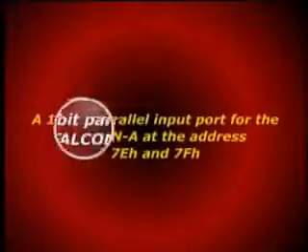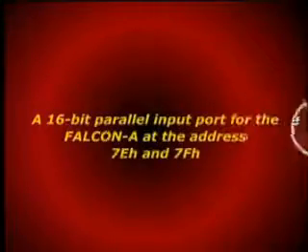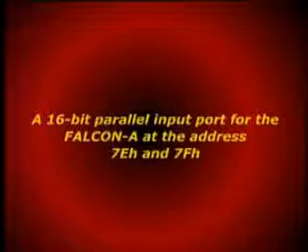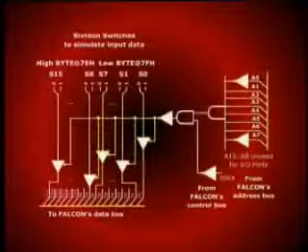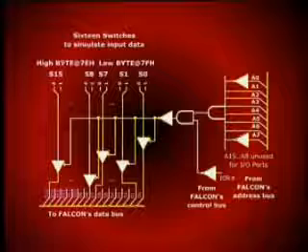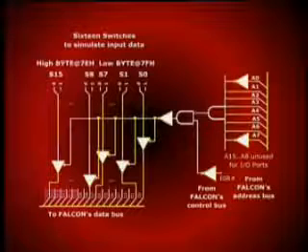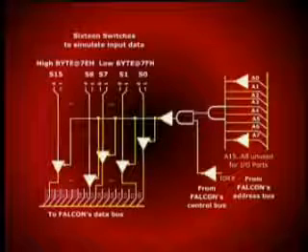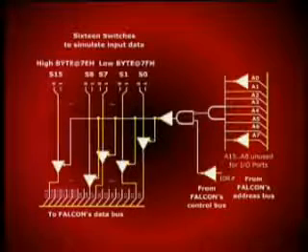In this example, we have a 16-bit parallel input port for the same Falcon A processor, now at addresses 7E and 7F hex. The least significant byte is addressed by using 7F, and the most significant byte is addressed using the address 7E.